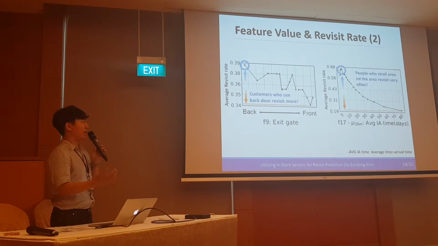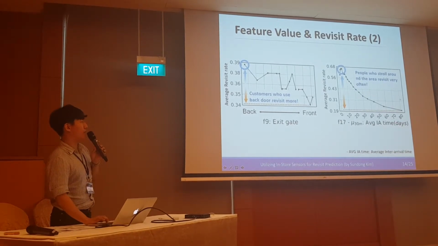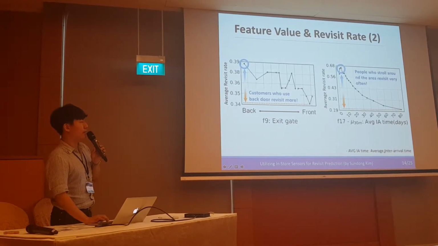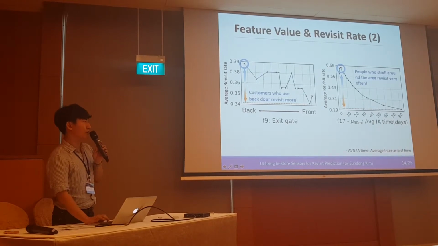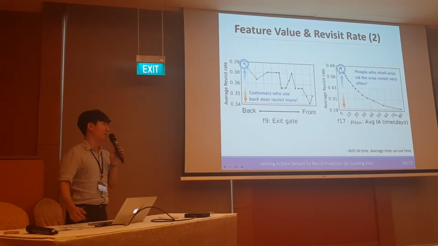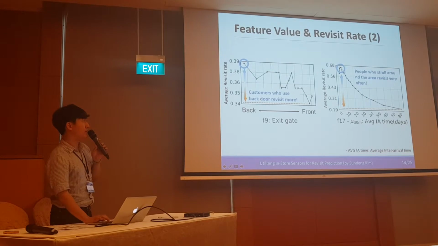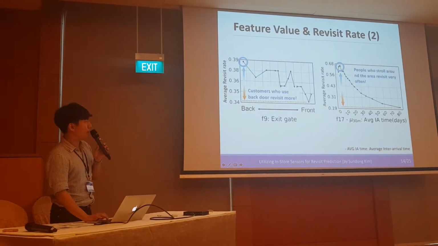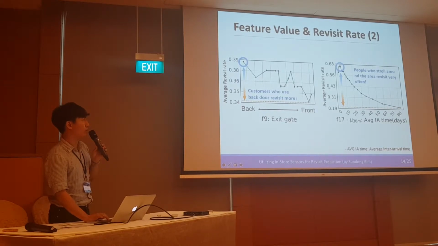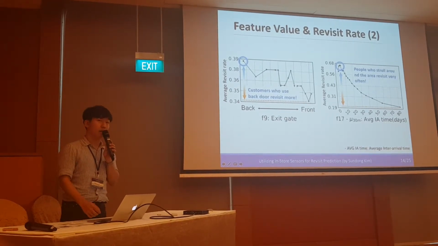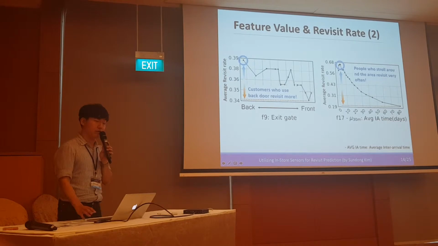Some people who work around the store might have a more frequent inter-arrival time than the customers who live far away from the store. And it is amazing that the people in the top 5% have more than 4 times larger average revisit rate than the customers who live very far away from the store.